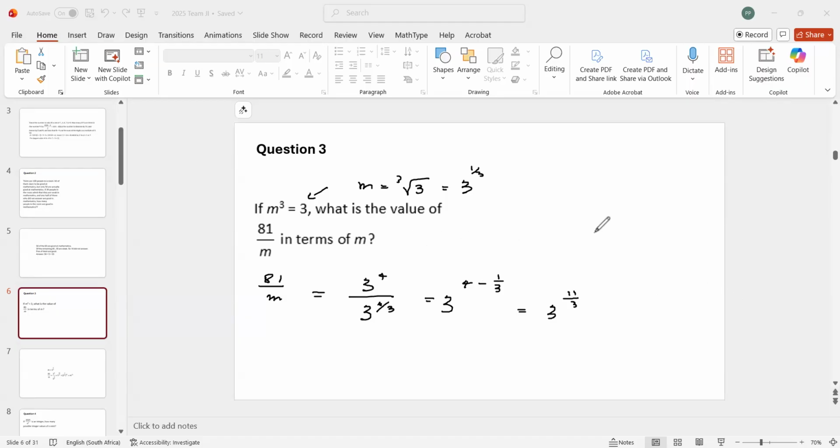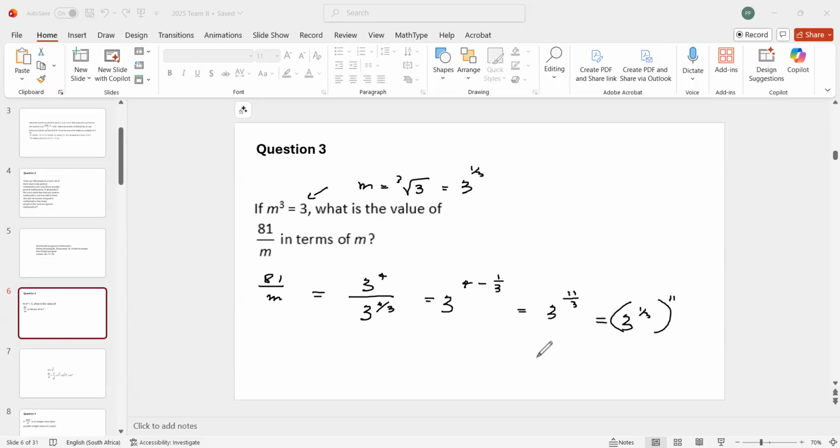Oh, okay. Now, they say in terms of m, so m is 3 to the 1/3. So this is 3 to the 1/3. That's your m. But it's all raised to the power of 11. So I'm isolating 3 to the 1/3. 11 over 3 is 11 times 1/3. So the third law of indices creeps in.